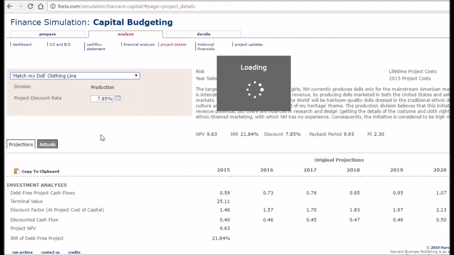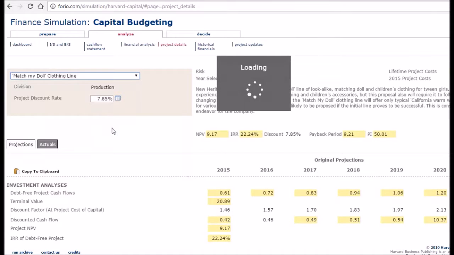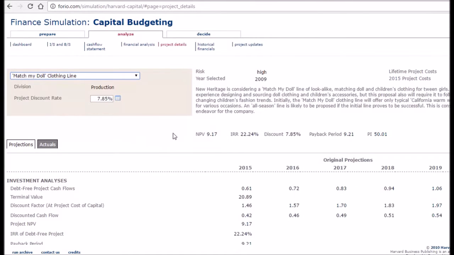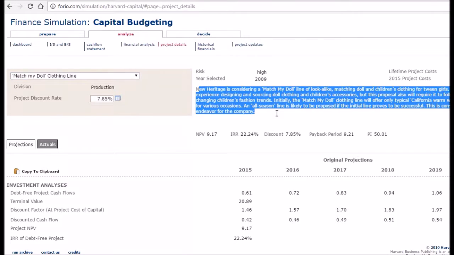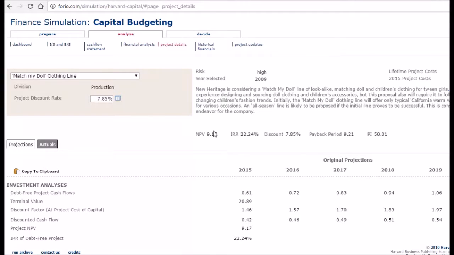So let's say for 2009, I chose the Match My Doll clothing line, and right here it gives you a brief description about the project in general.